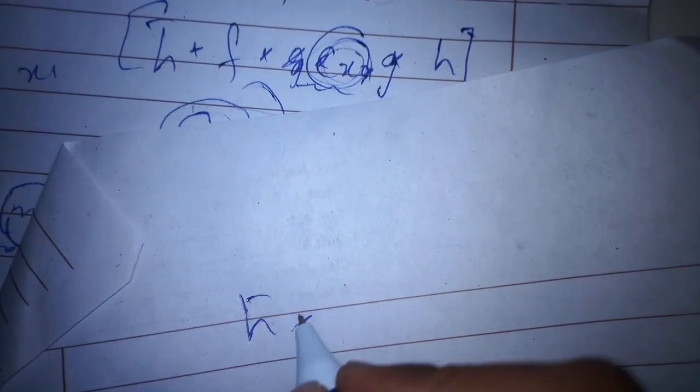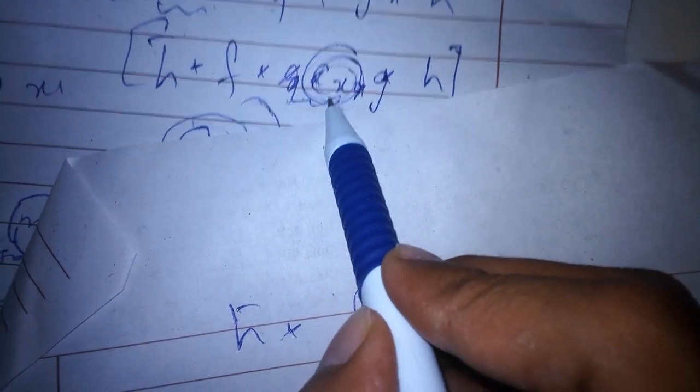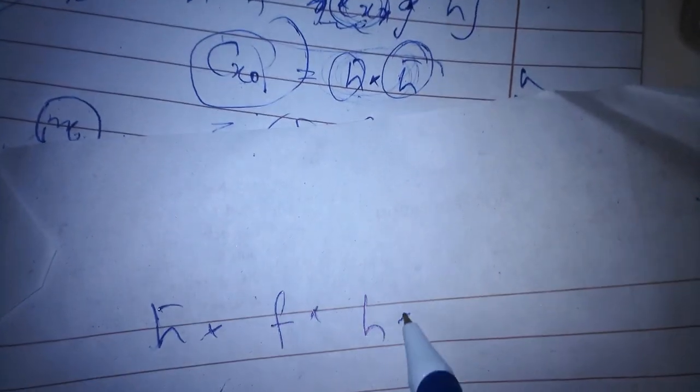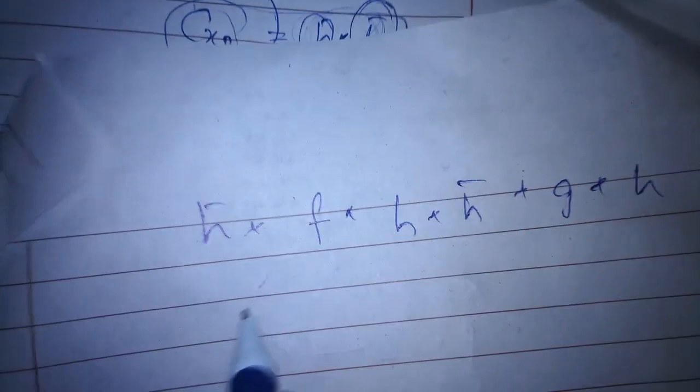So if we replace h bar, then f, then in the place of cx naught we will replace h, then h bar, then g, then h.